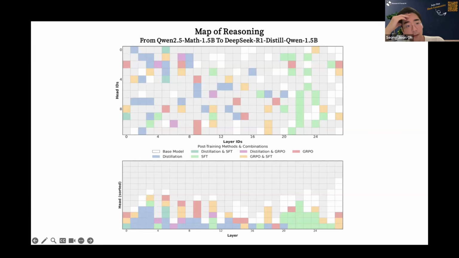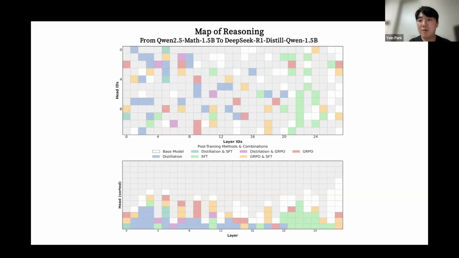Yeah. Final question. Is it possible for two different types of impacts to be placed on the same head? For example, GRPO and SFT may actually overlap in some of the heads at the same layer ID and head ID. Is that possible? Oh yeah, sure. We do not stack this kind of post-training.